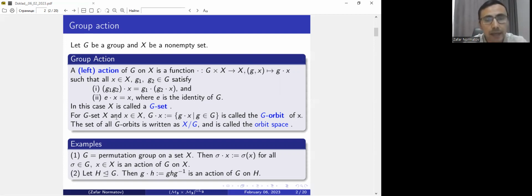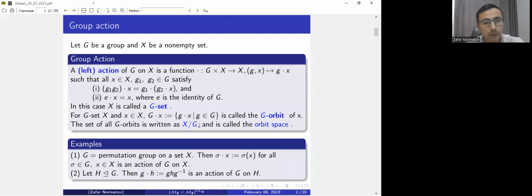For a G set X and an element from the set, we define the following group and the following set, and this set is called the G orbit of an element X. The set of all G orbits is written as follows and is called the orbit space.